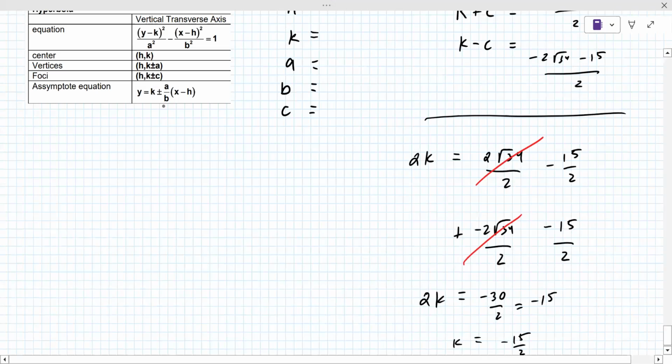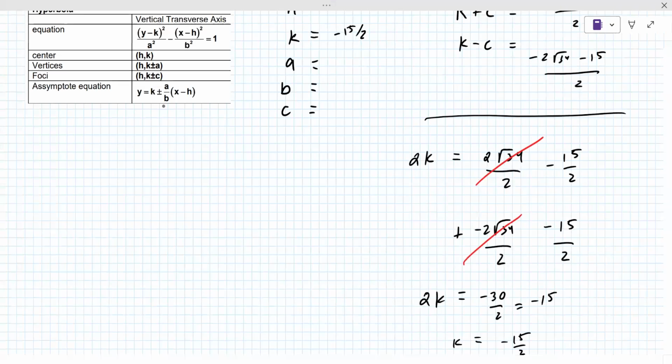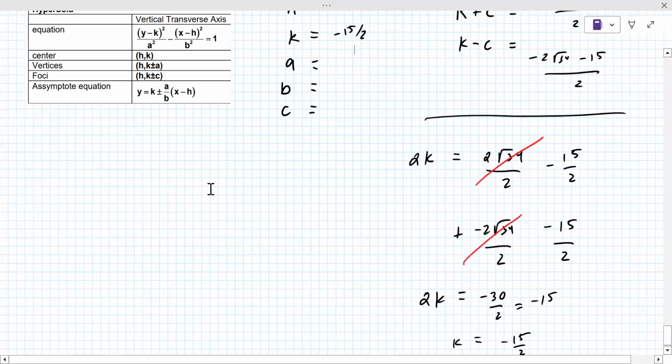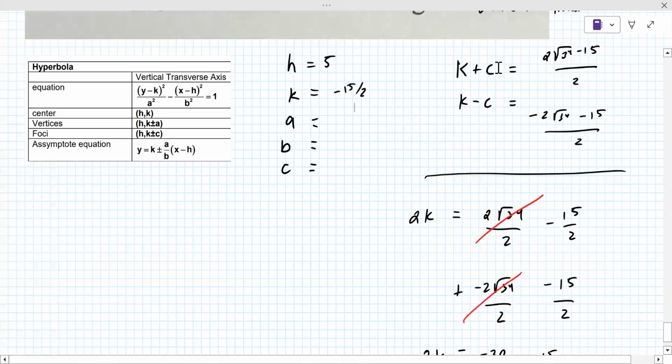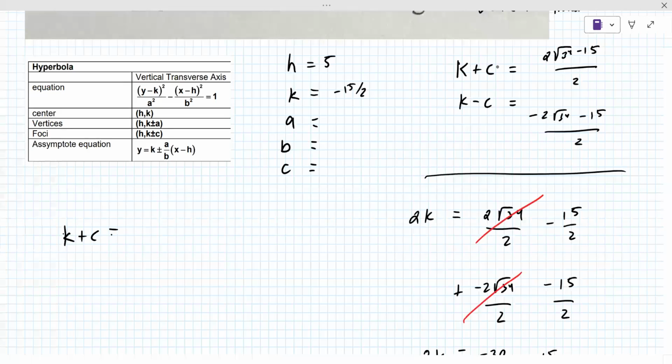Not great, but it is okay. To find c, you go back to either equation. We'll go back to the first one, k plus c. k is really minus 15 over 2, plus c equals 2 square root 34 over 2 minus 15 over 2.